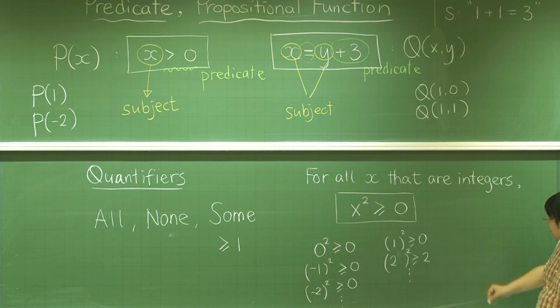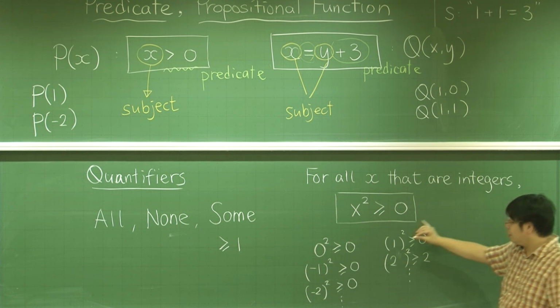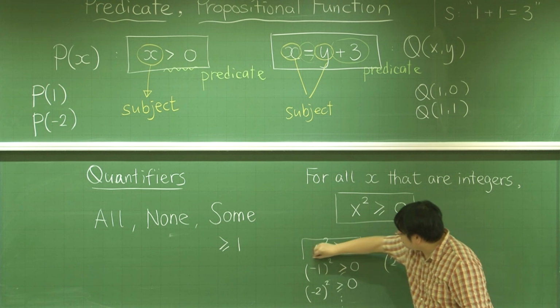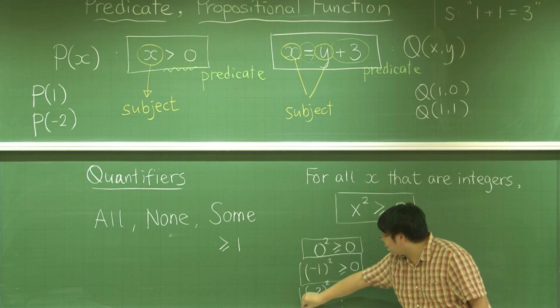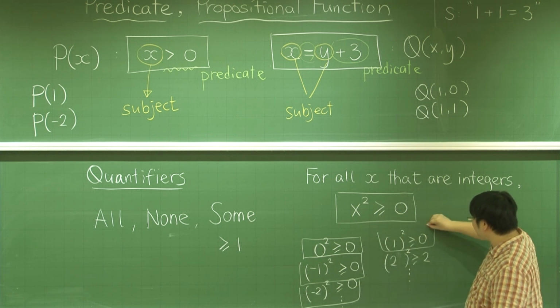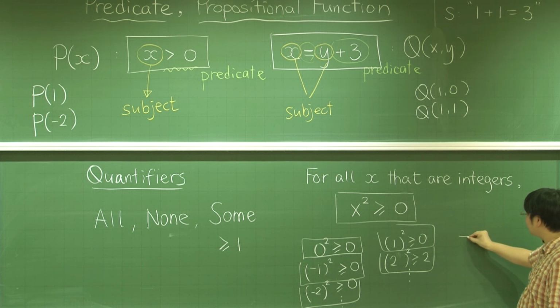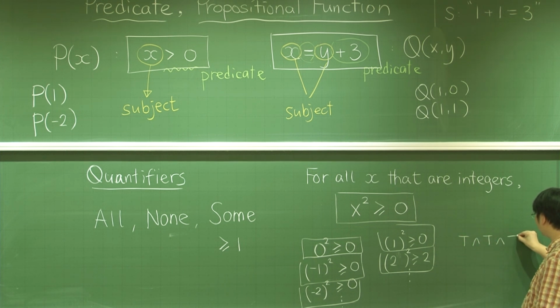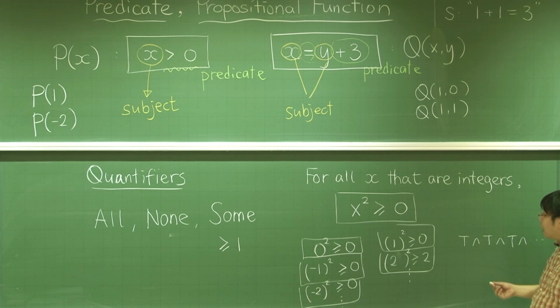That means that the truth value of this statement is equal to the truth value of this one, and this one, and so on. And it turns out that for this case, it is true and true and true. None of them is false. So we know that this is a proposition, and the truth value will become true.